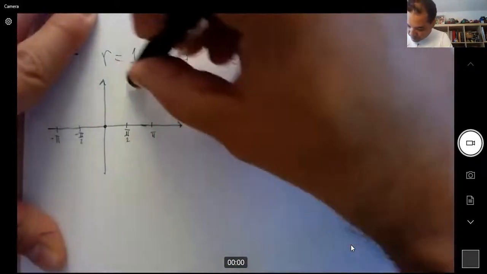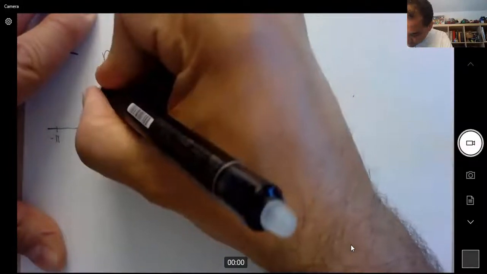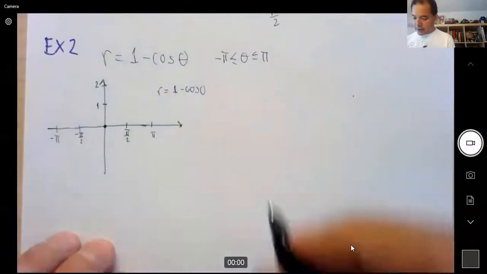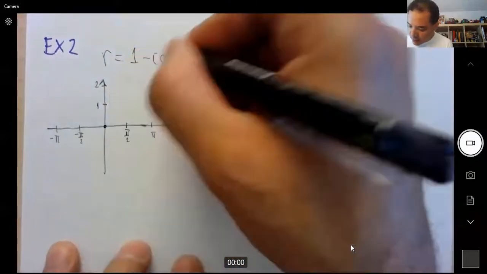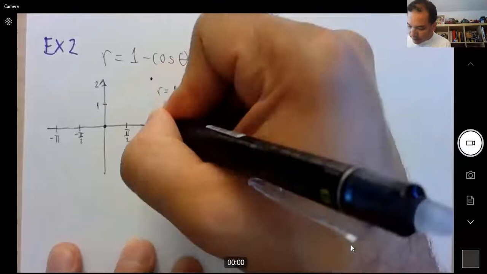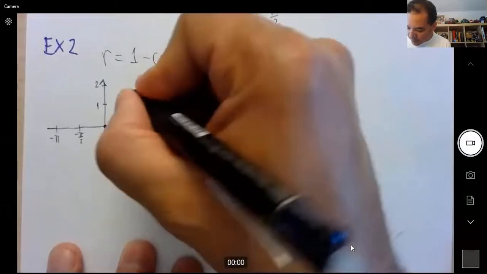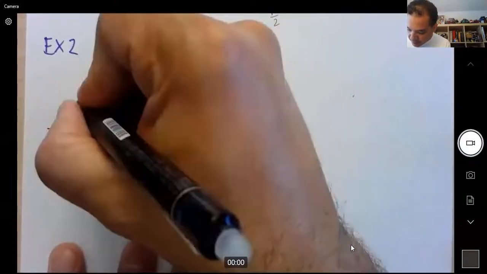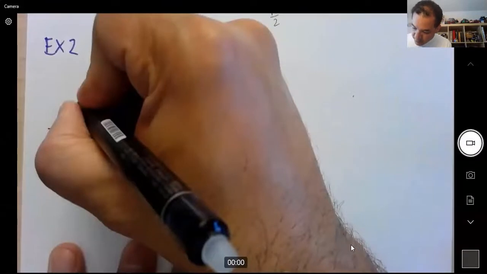Okay, so I need a better scale here. So let's say that this is 1 and this is 2. Should have put this axis lower. So at pi it is 2, and at pi over 2 it is 1. And over here is here and here. So I think it is this graph.